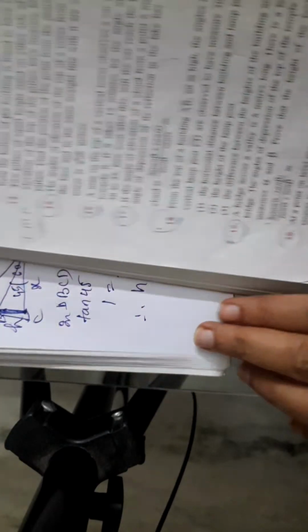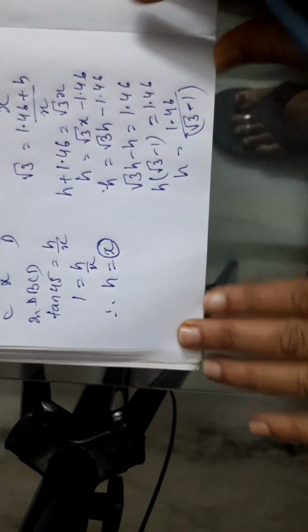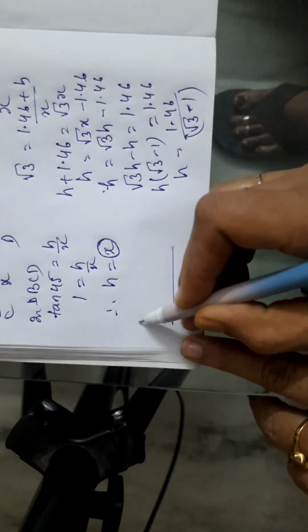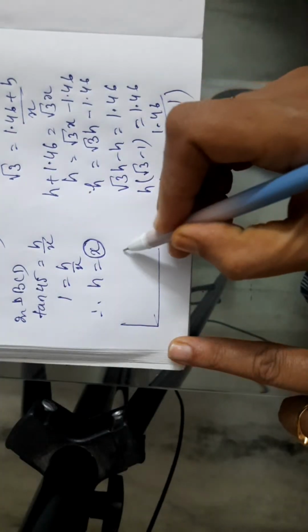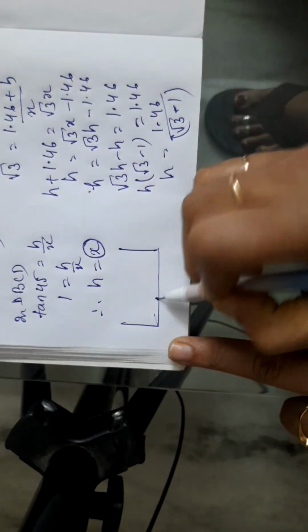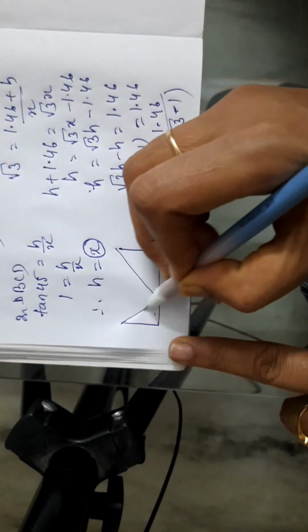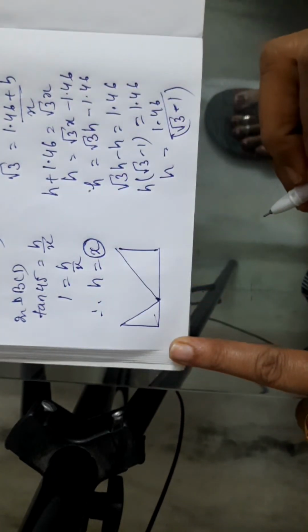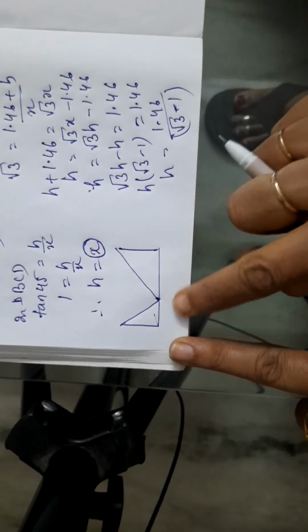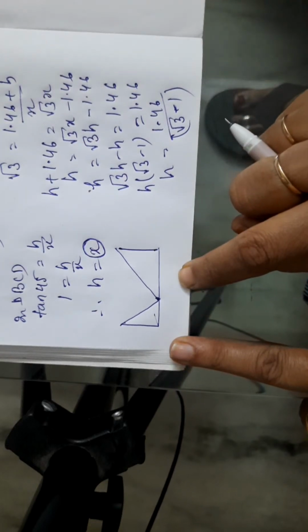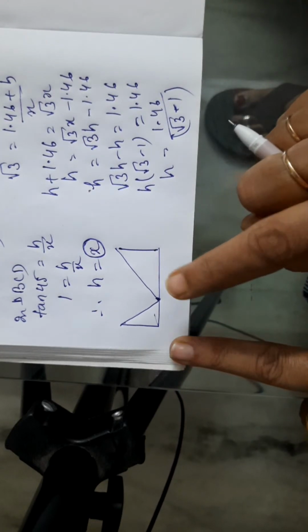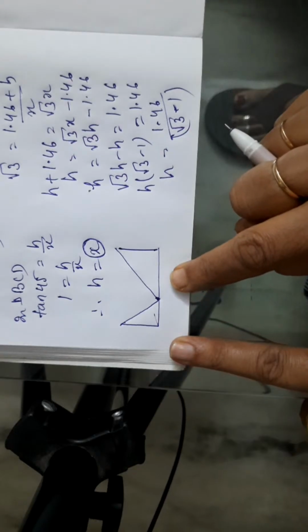So I will draw the diagram for you. You try for the solution. Here two pillars are there which are of the same height, and somewhere a point is there. The angles of elevation from that point are 60 and 30. Here also you need to carefully take the angles by using the property that the angle opposite to the greater side is greater.